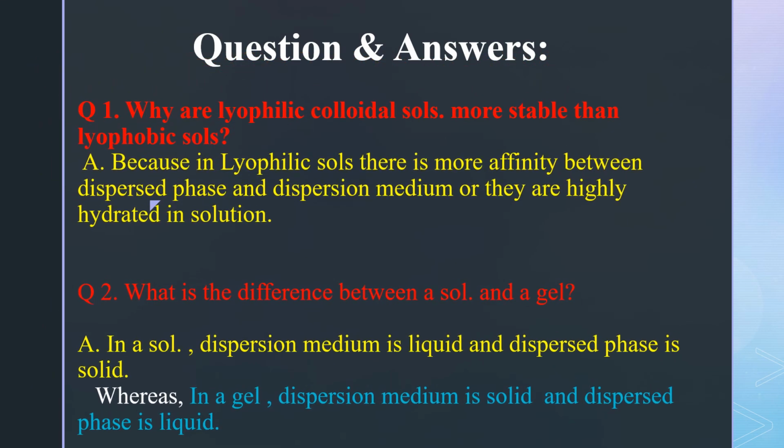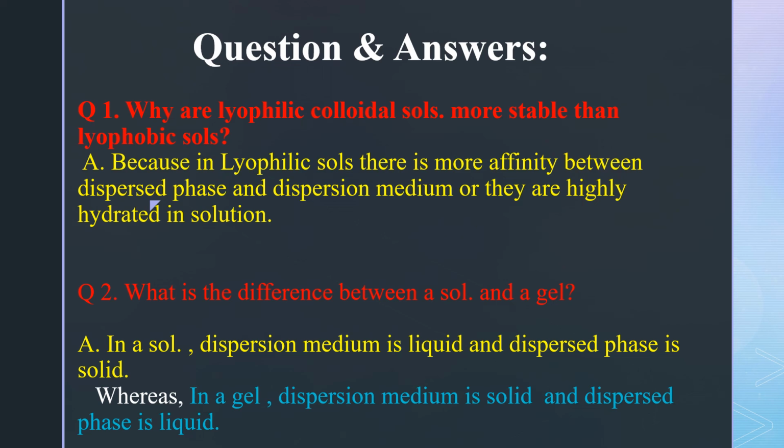First question is, why are lyophilic colloidal sols more stable than lyophobic colloidal sols? Now the answer is because in lyophilic sols there is more affinity between dispersed phase and dispersion medium, or they are highly hydrated in solution.